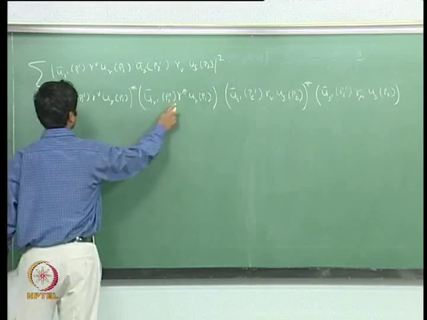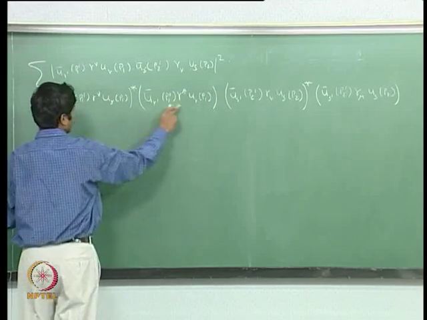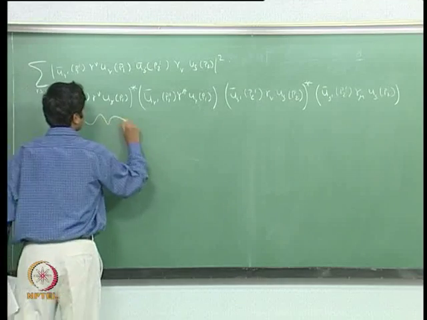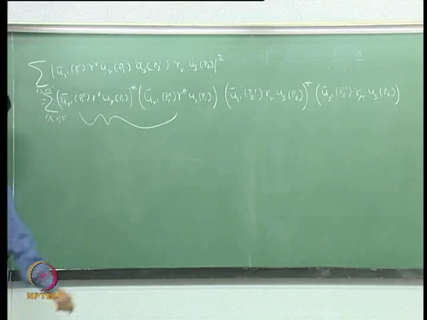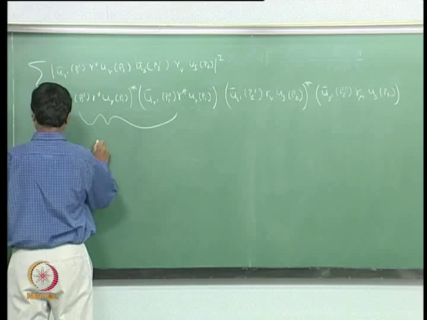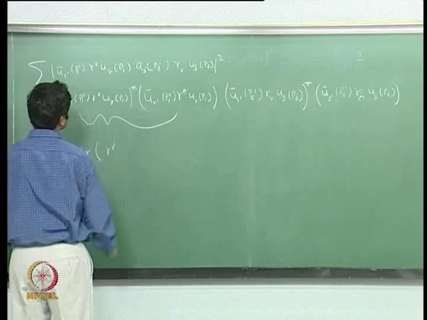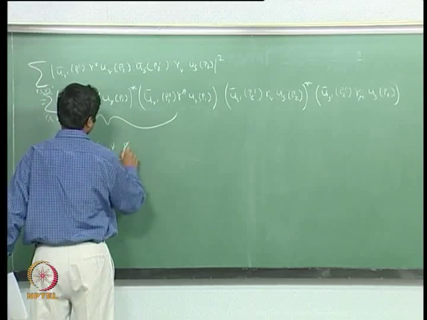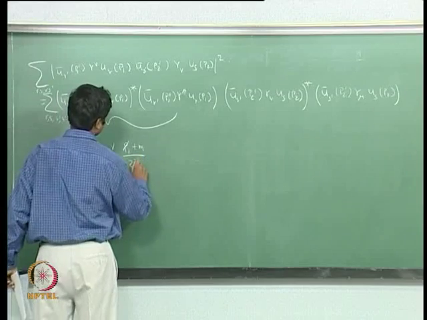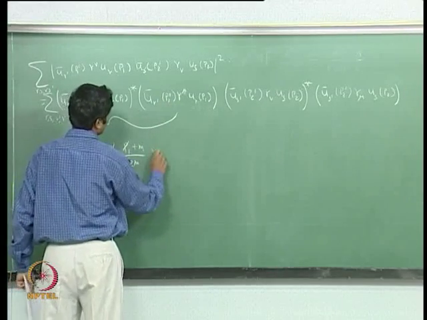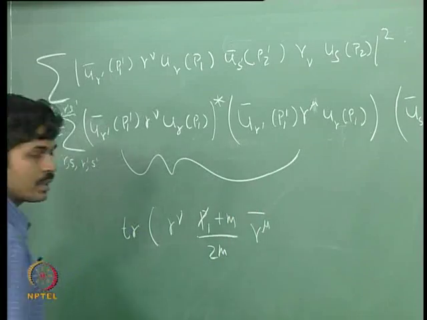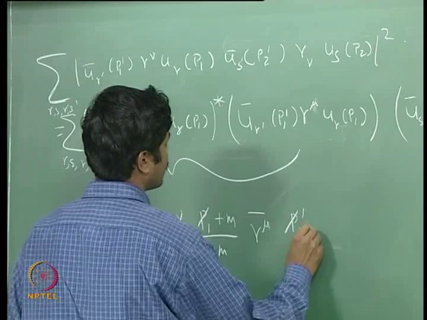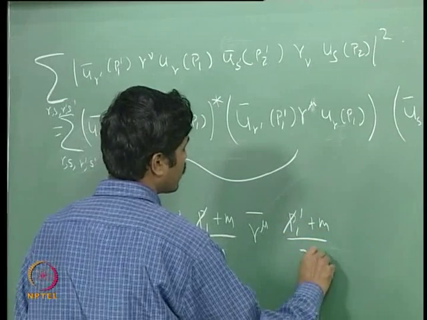So, what you get when you carry out the spin sum in this term is simply, if you just consider the first two terms, this will give you the trace of gamma nu (P1 slash plus m)/(2m), gamma mu bar (P1 prime slash plus m)/(2m).